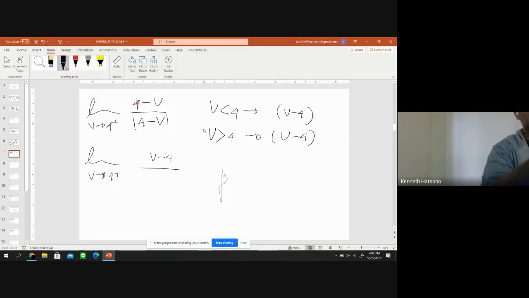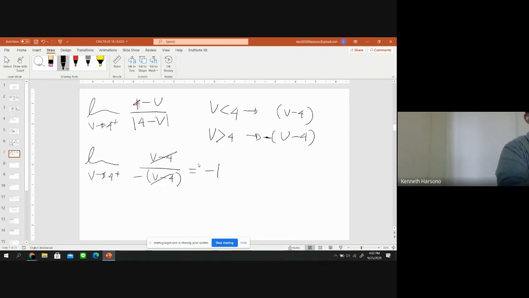Something's wrong here. Okay. Yes, if it's approaching 4 plus, it's greater than 4, so it's minus (v minus 4). And we can cancel this one, and for v approaching 4 plus, it's -1.